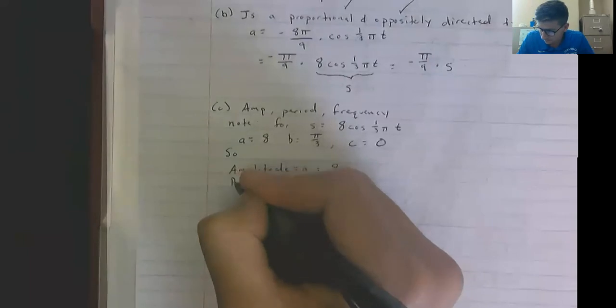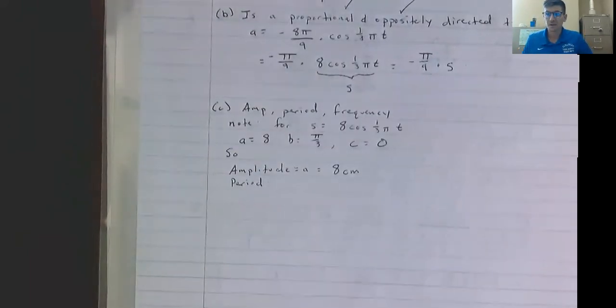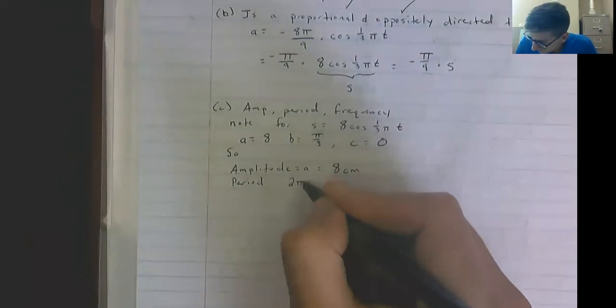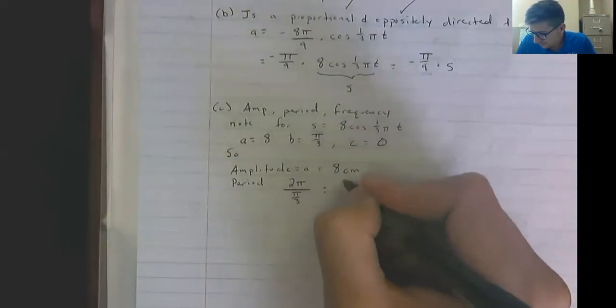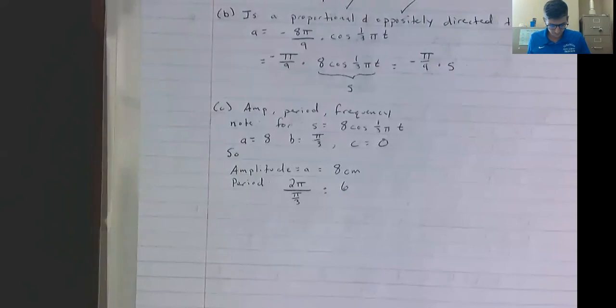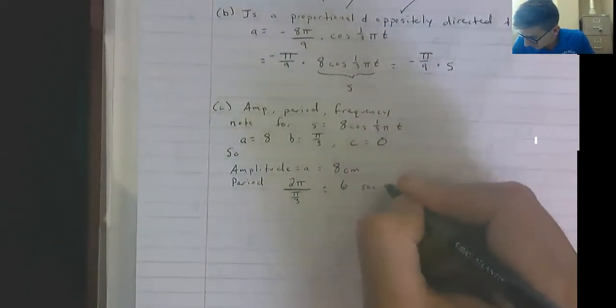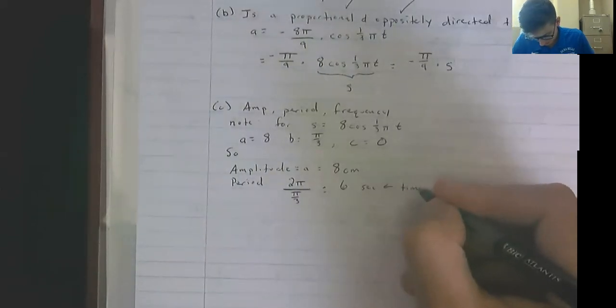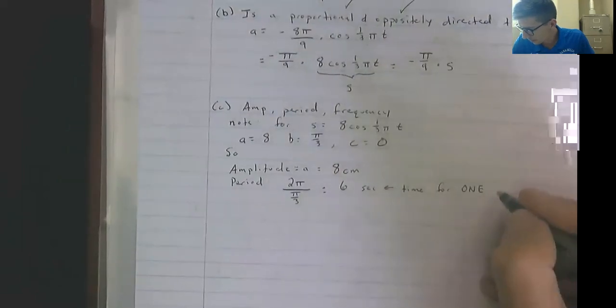Our period, well, the 1/3 is going to stretch out that 2 pi. It's going to make it a longer period than we're used to. Specifically 2 pi divided by pi over 3, which is 6. And this is seconds. So this is the time for one complete vibration.